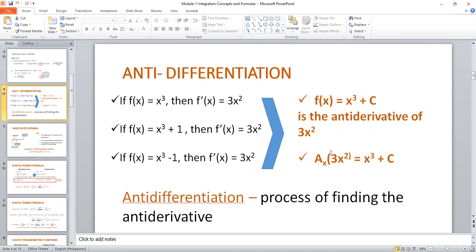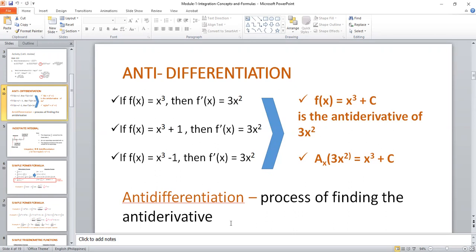But since in the first part of our subject, we don't have limits to our integral, we'll be dealing with an indefinite integral, then it's just a c. So again, this x cubed plus c, where c is any arbitrary constant, 0 included, is the antiderivative of this 3x squared, which is the derivative of all this.